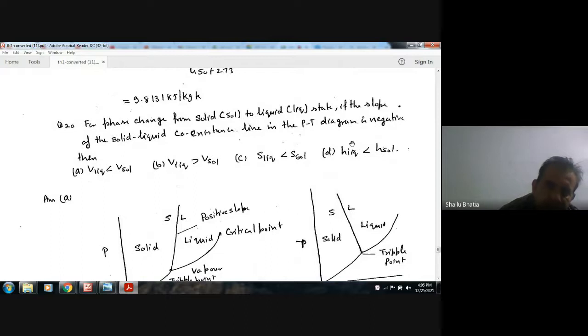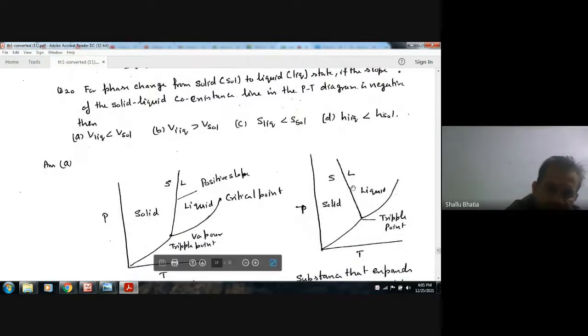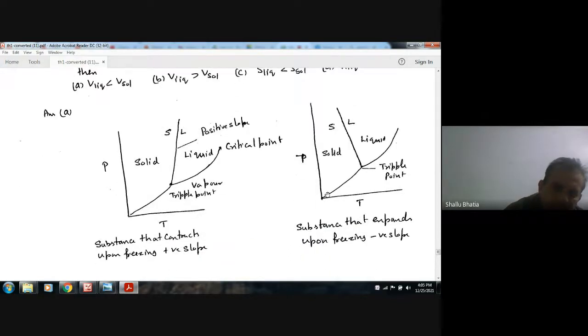For the PT diagram with negative slope, the volume of solid is greater; this is for water. And this is for other substances, those that contract upon freezing, so upon freezing the volume will decrease.